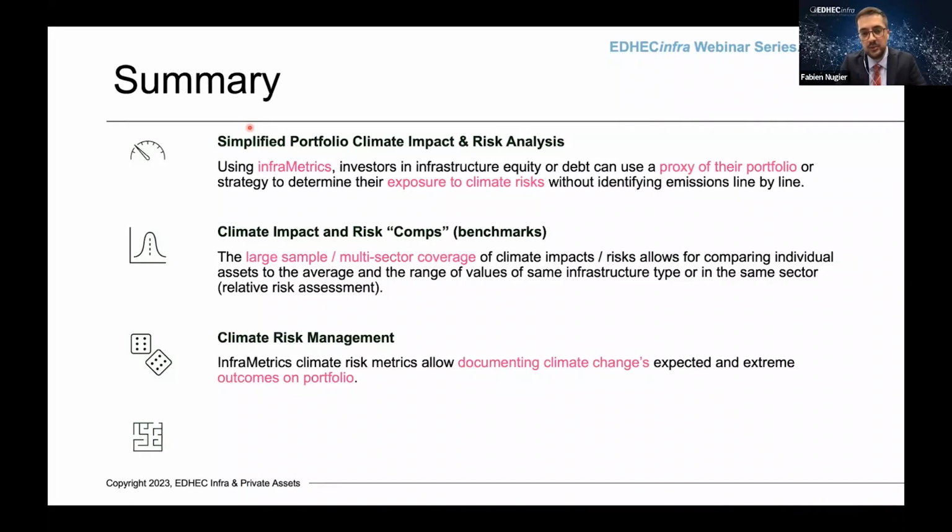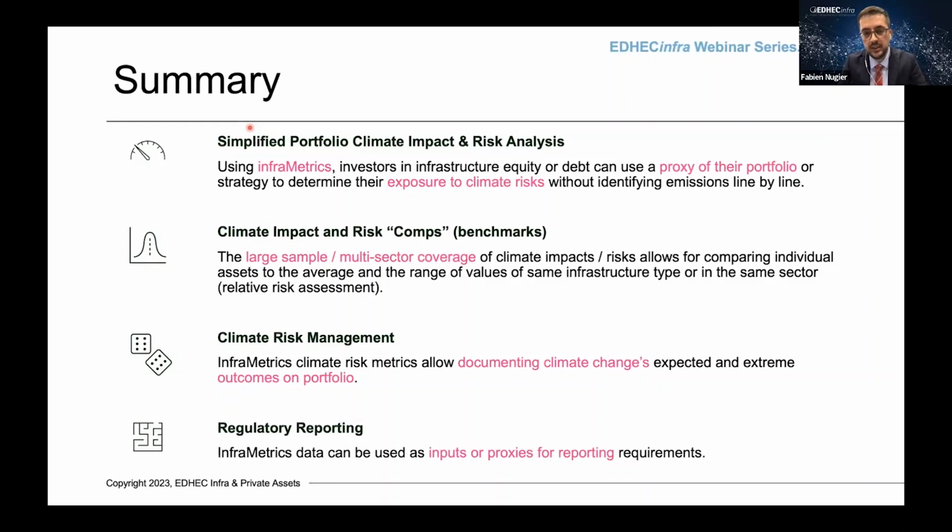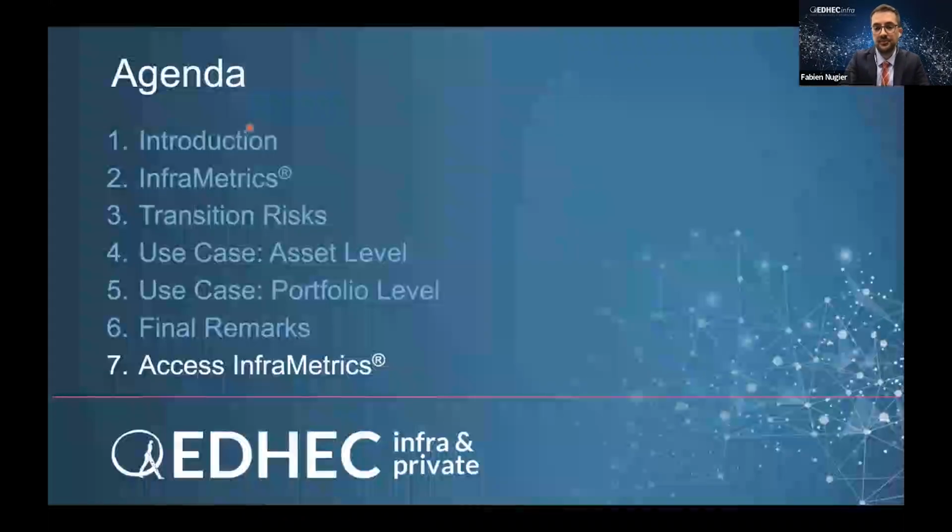These climate metrics will help also documenting the climate change expected and extreme outcomes of portfolios. So this is also useful for risk management. And finally, this data can be used for proxies for reporting and regulation.